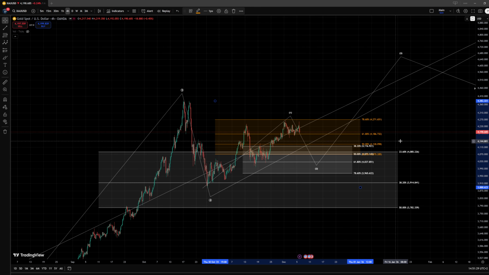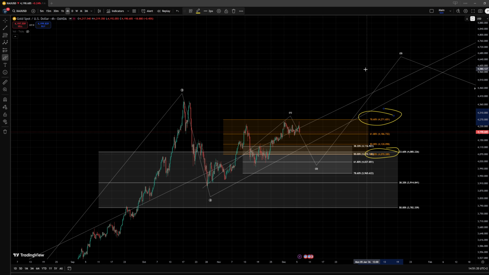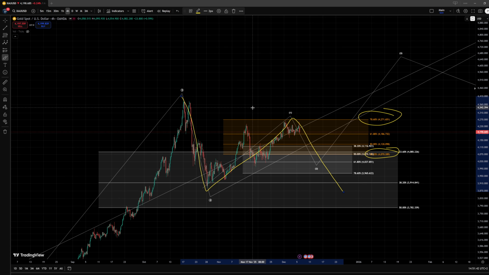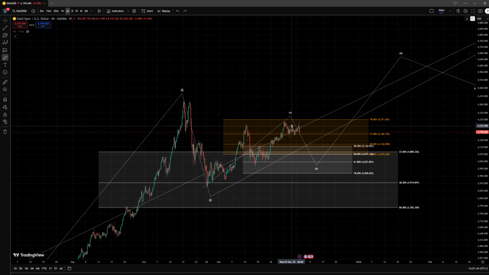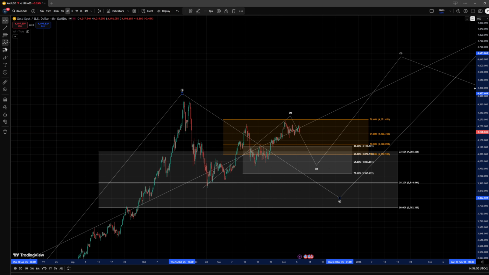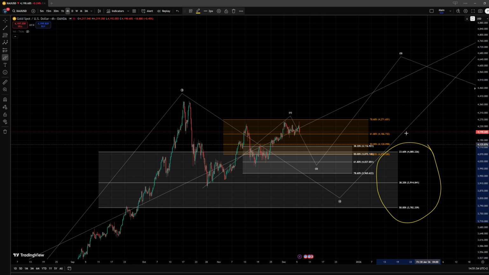I would be watching out at the levels between the 4.07k all the way up to the 4.27k level at the 78.6% retracement for resistance for a possible extension in an ABC structure instead. And if we are to build such a pattern, we would need to be prepared even for a lower low in this area of support, which again is not a problem because we still have a lot of room within the larger wave 4 retracement area.